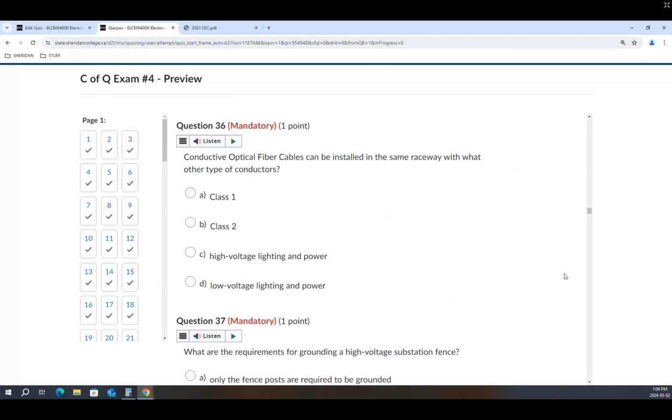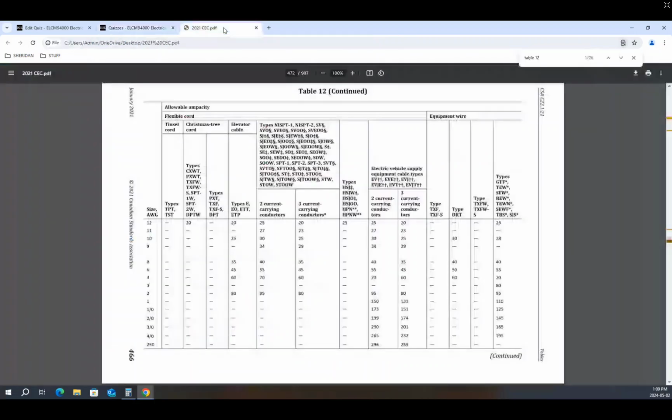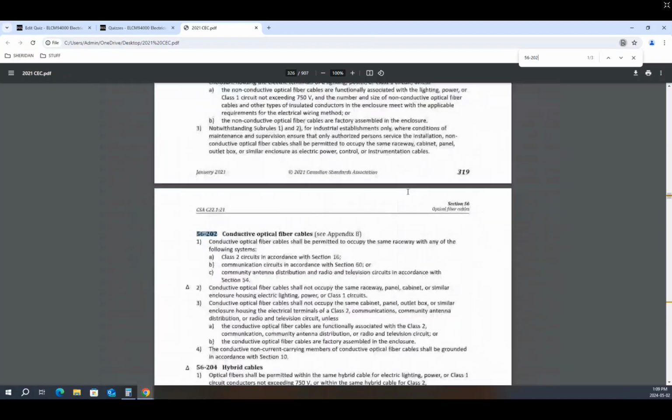Question 36. Conductive optical fiber cables can be installed in the same raceway with what other types of conductors? So I'm going to go to Section 56, 56-2.